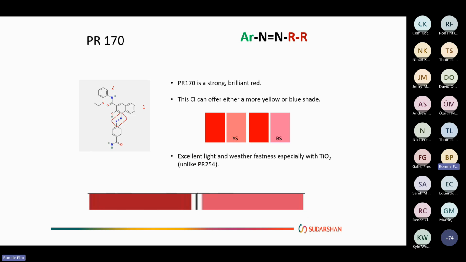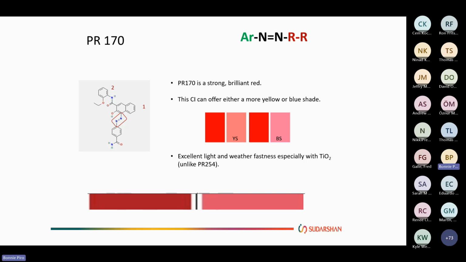Pigment Red 170 is a very useful tool in your color formulating toolbox, definitely in coatings and also in plastics. Not as popular in the inks area, except if you need a higher temperature clean red for applications like metal decorative, where you need a higher processing temperature or cure temperature.